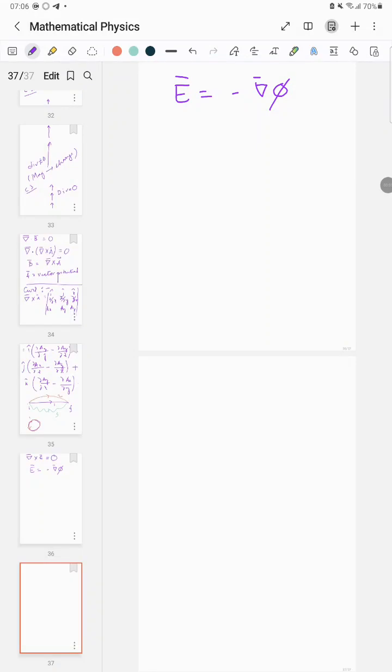Let us now look at some of the vector identities, which basically help us during problem solving. These identities are very helpful.